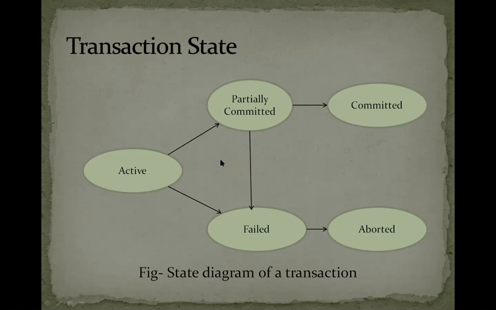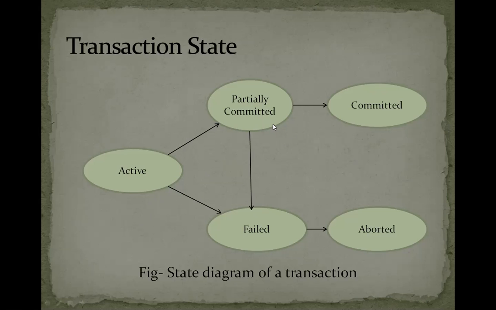So any transaction starts from the active state, and when it finishes its final statement, it enters into the partially committed state. At this point, the transaction has completed its execution, but it is still possible that it may have to be aborted, since the actual output may still be temporarily residing in the main memory.